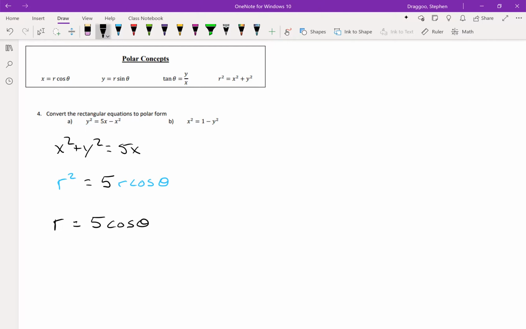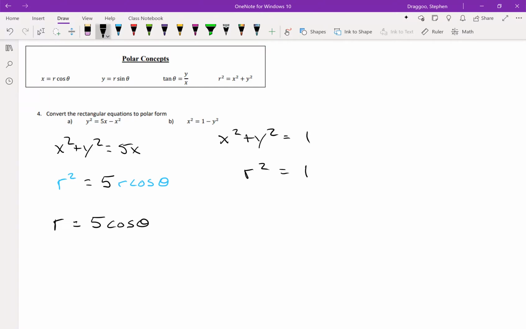Then on to the other side, I have that x squared is equal to 1 minus y squared. That would be the same as x squared plus y squared is equal to 1. So I have the equation r squared equals 1. And now r squared equals 1 means that whatever distance I am away from the origin, it's a distance of 1 away.